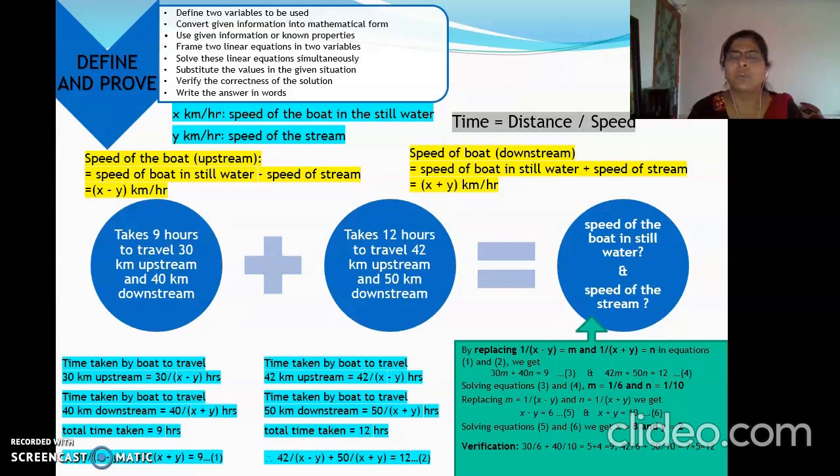So 5 plus 4 is equal to 9. And from the second information, 42 upon 6 plus 50 upon 10, that is 7 plus 5, is equal to 12. After verification, our answer is: the speed of the boat in still water is 8 km per hour and the speed of the stream, y, is 2 km per hour.